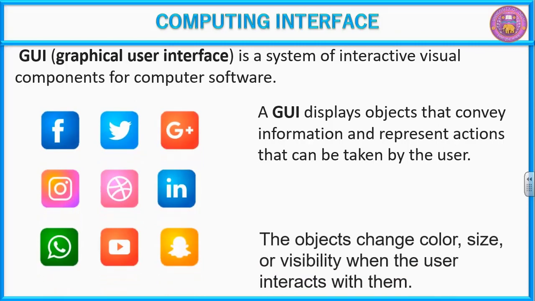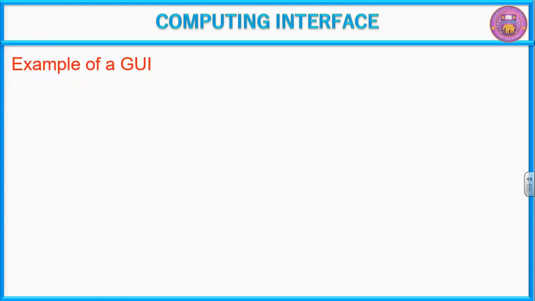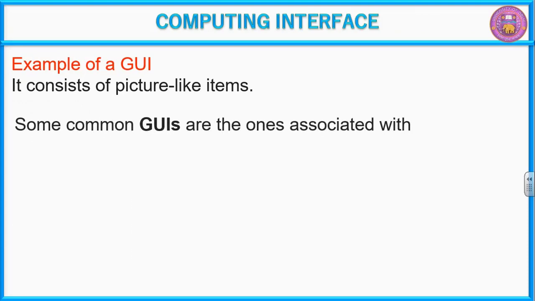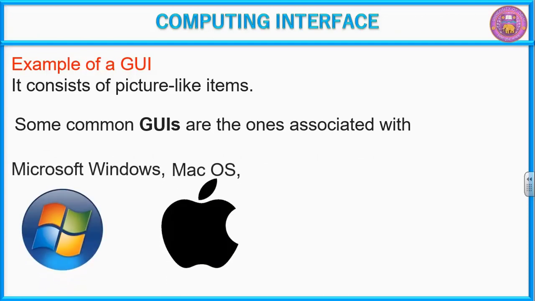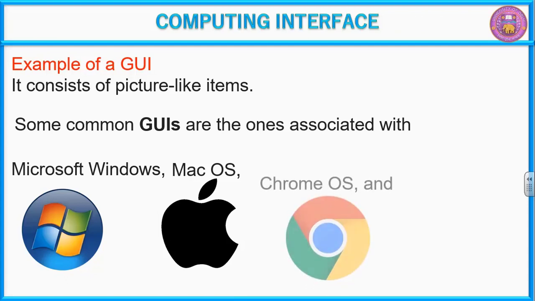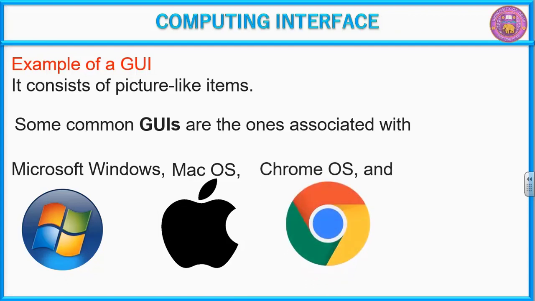The objects change color, size, or visibility when the user interacts with them. Example of a GUI. It consists of picture-like items. Some common GUIs are the ones associated with Microsoft Windows, Mac operating systems, Chrome operating system, and Android.